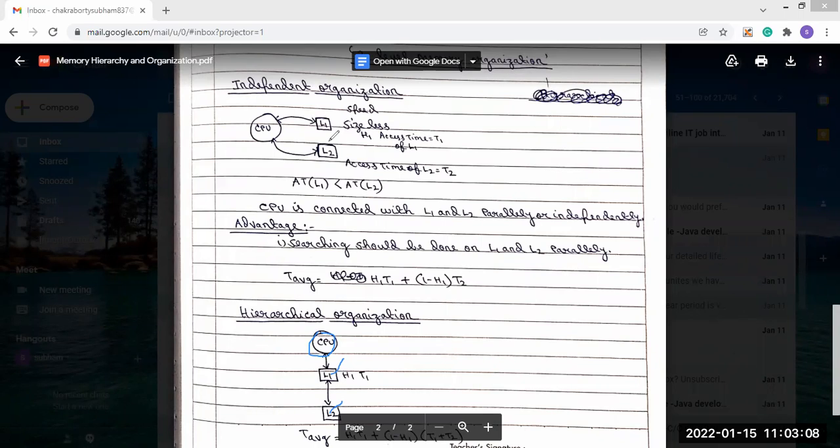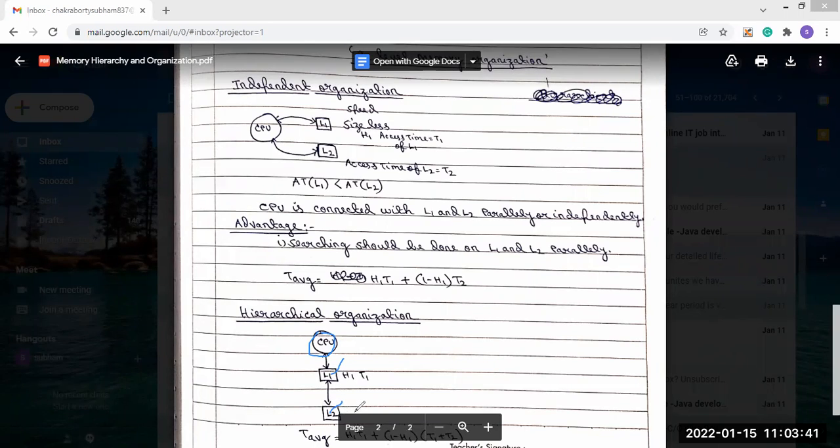So in the hierarchical organization, if the CPU wants to find some data, the first search will occur on the L1. If the data is not found in this L1, then the data will be present in the L2, because here we have used two levels.